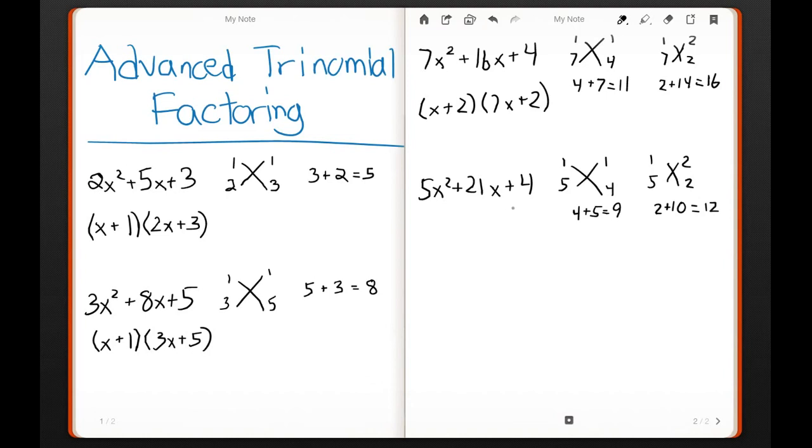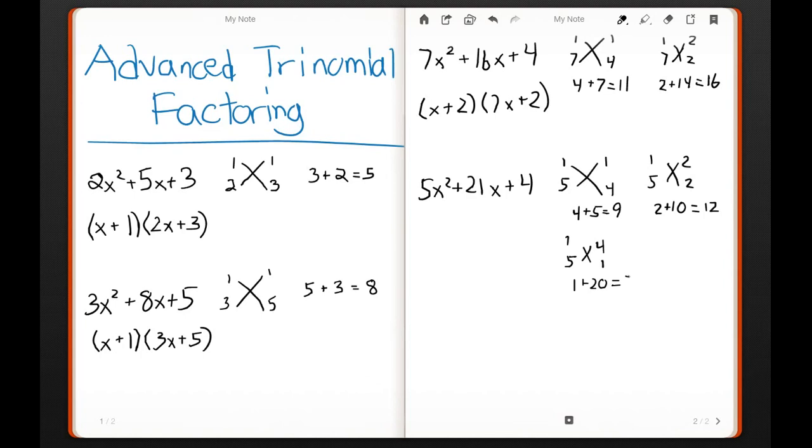Turns out there is a third possibility. If we flip the 4 and the 1 here, instead of having 1 and 4, we're going to do 4 on top, 1 on the bottom. Again, 4 and 1 are the factors of 4, so they can be in either order, and this will produce different results because of the way we're multiplying diagonally across the x. 1 times 1 is 1. 5 times 4 is 20.